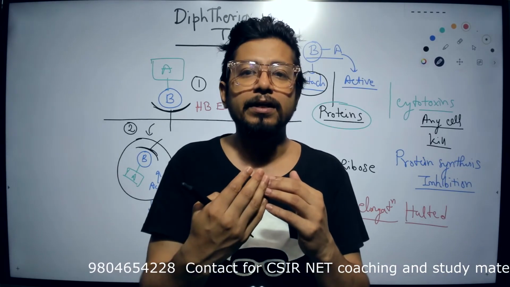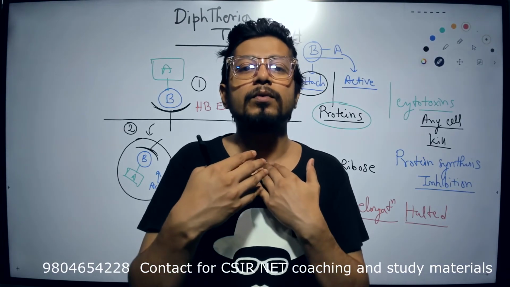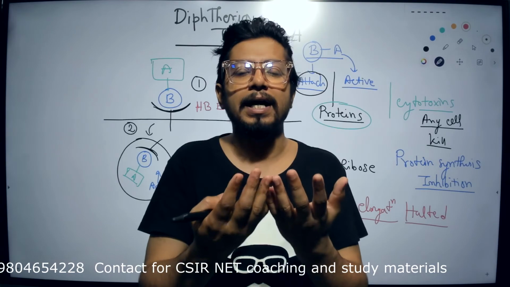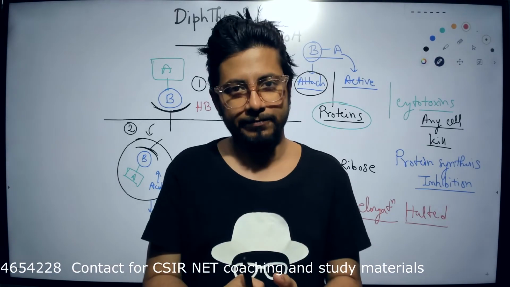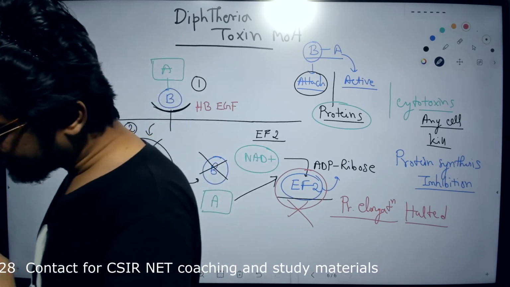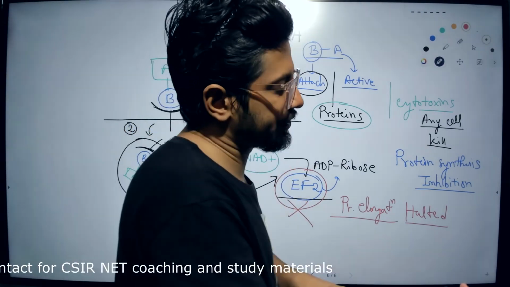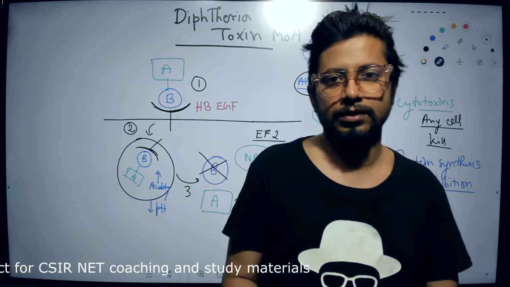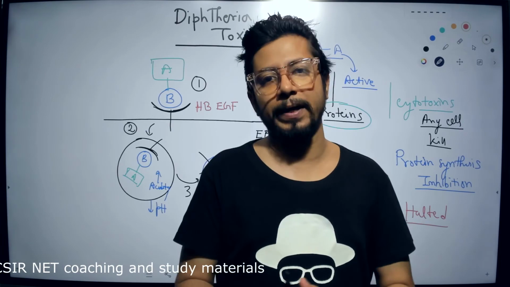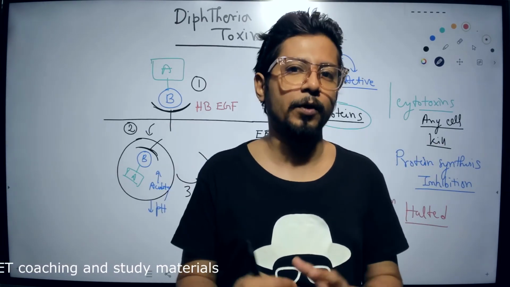As a result, people infected with diphtheria toxin fail to take in oxygen and release CO2, and as a result, that person may die. This is what happens with diphtheria toxin. And if this toxin somehow reaches our bloodstream, it can cause cardiomyopathy, it can cause neuropathy. These are the impacts of diphtheria toxin in our body.